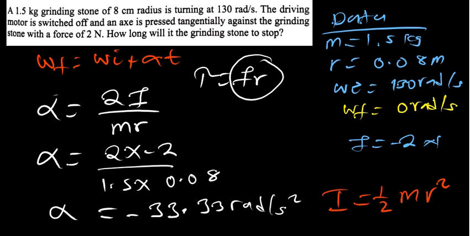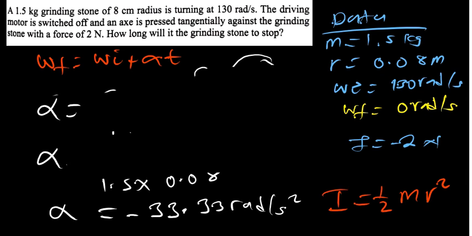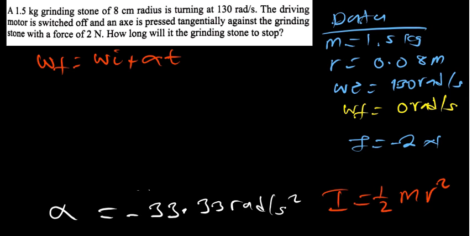Now we can go ahead and find the time from the formula on top, where we now have the angular acceleration. We want to find the time. So we can make t the subject of the formula, whereby we shift this alpha to the other side.